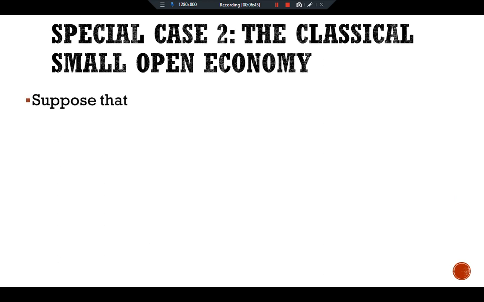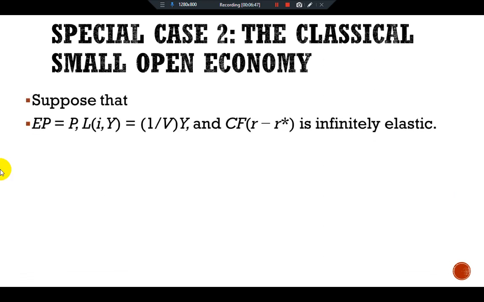Special case 2, the classical small open economy. Suppose that EP = P, L(i, Y) = Y/V, and CF(r - r*) is infinitely elastic.